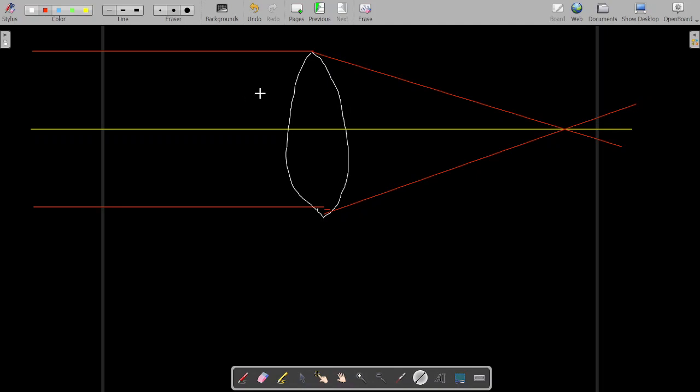This is the point at which red color is getting focused. This is the point at which violet color is getting focused. Okay, so this is for violet color, and this is for red color. Okay, and your arrows are like this.